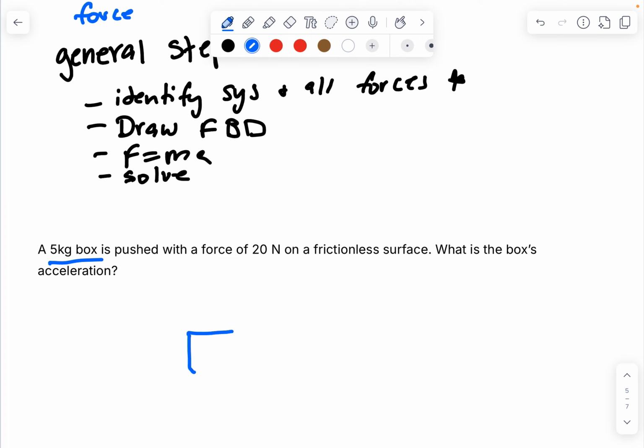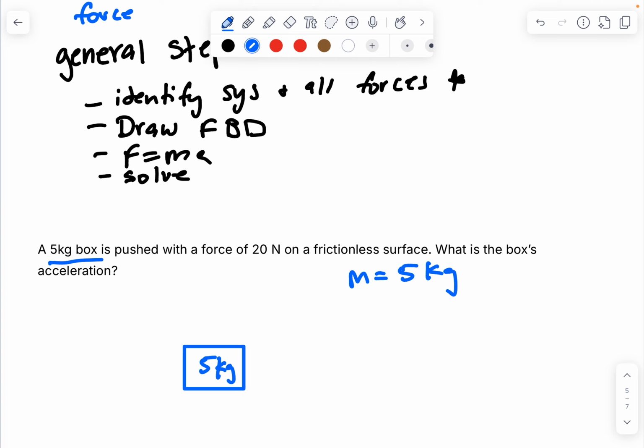So I'm gonna draw a little box here. I'm gonna say this is 5 kilograms, right? M is 5 kilograms. And the box is pushed with a force of 20 newtons.